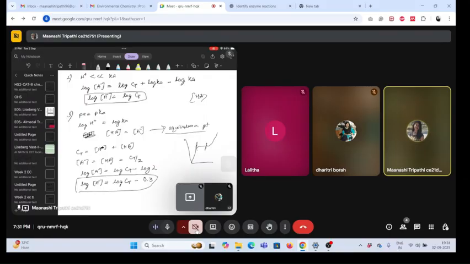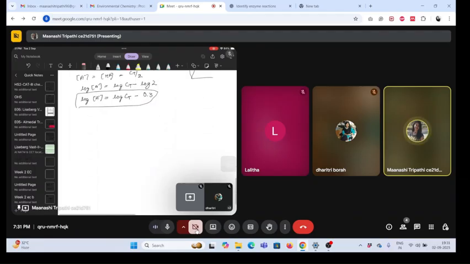Okay, so case 3 is common for both A negative and HA. Okay, this case will be common, and the main equation that we wrote for A negative can also be written for HA.